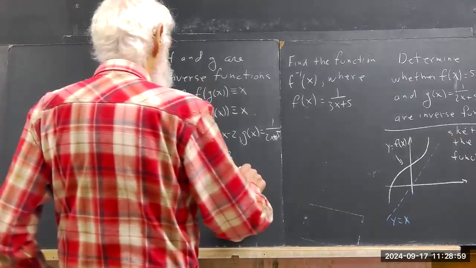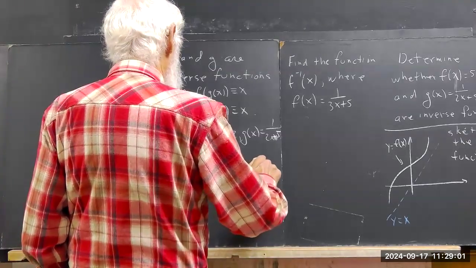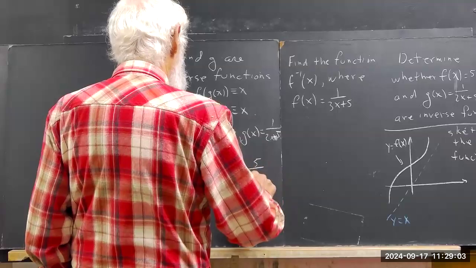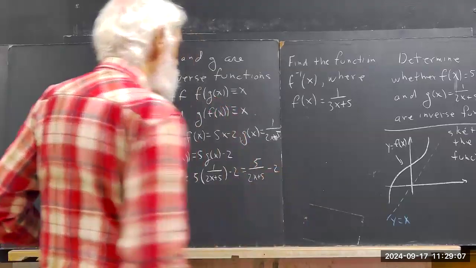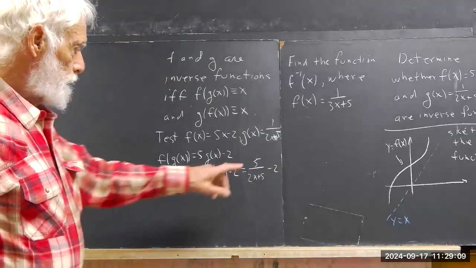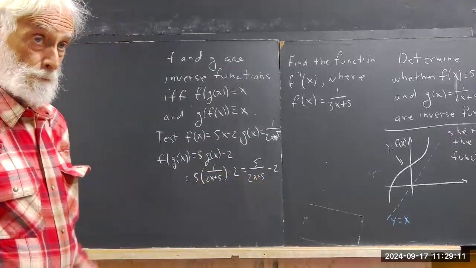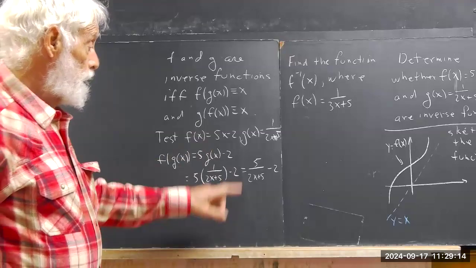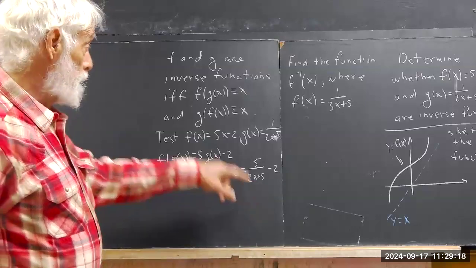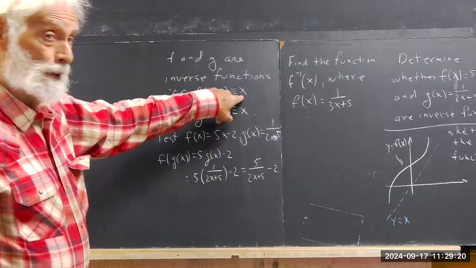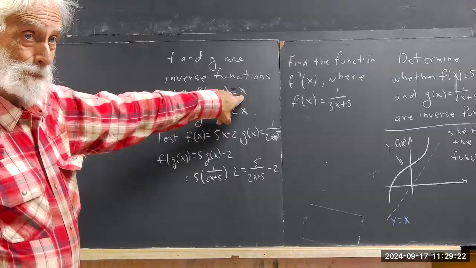Well, that's 5 over 2X plus 5 minus 2. You could put all that over the common denominator, 2X plus 5, but it wouldn't help. You're going to have an X in the denominator no matter what you do, and there ain't no X in the denominator of just the expression X. Okay?